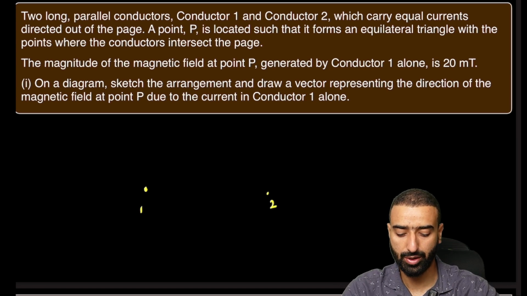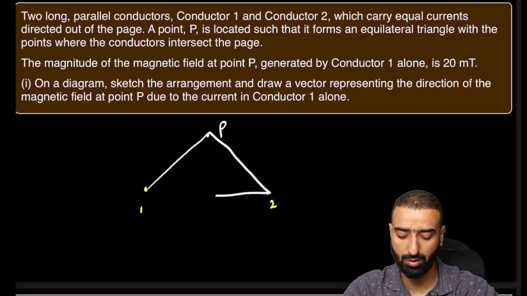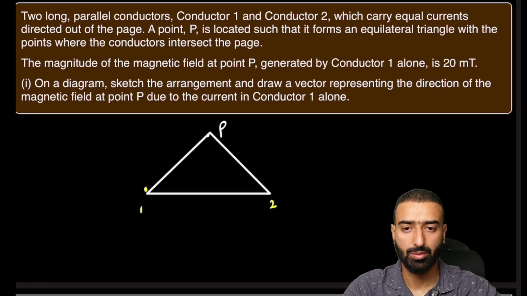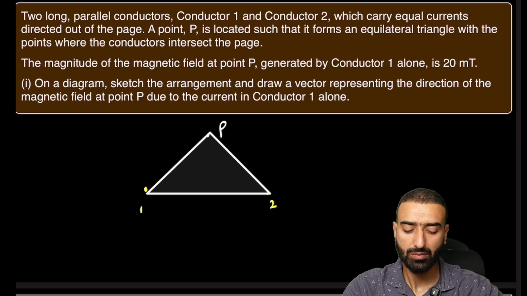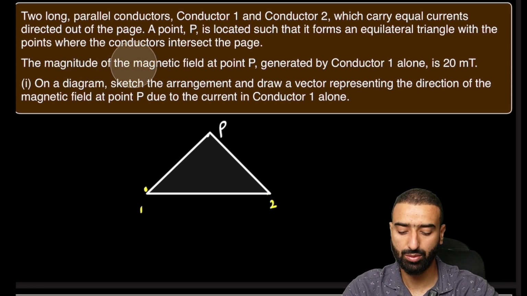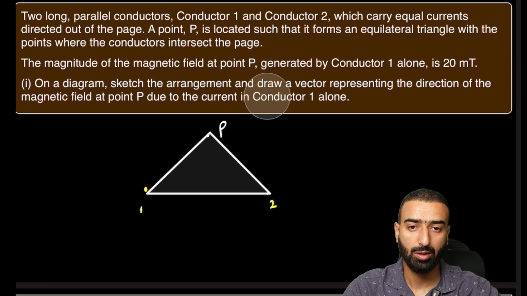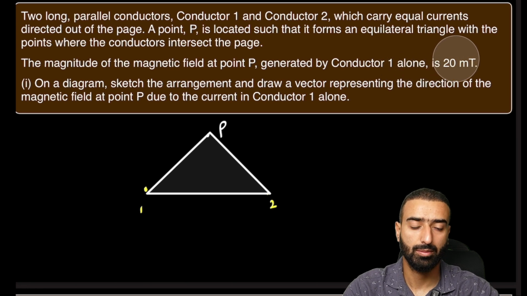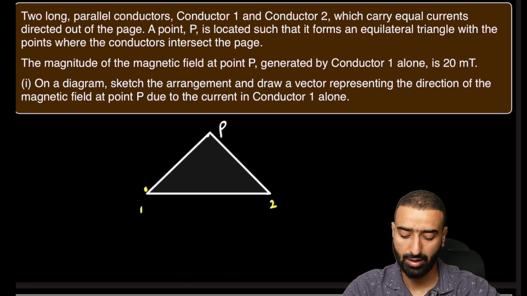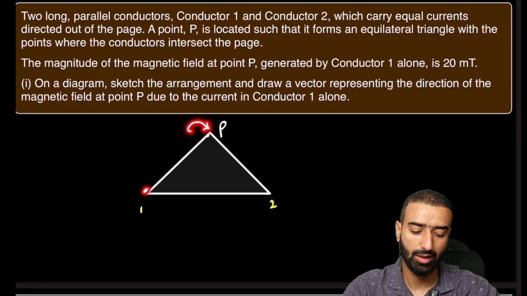And there's another point, point P, such that the triangle thus formed is equilateral, meaning all of the sides are equal. We are also given that the magnitude of the magnetic field at point P generated by conductor 1 alone is 20 millitesla, meaning that due to this current carrying wire, the magnetic field over here is 20 millitesla.